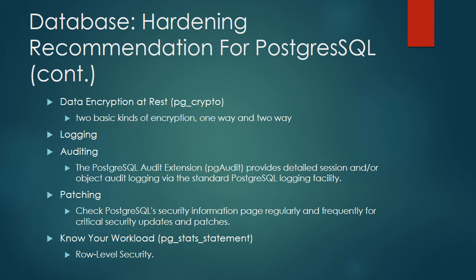Next, auditing. The PostgreSQL audit extension provides detailed session and/or object audit logging via the standard PostgreSQL logging facility. Basic statement logging can be provided by the standard logging facility with log_statement equals all. This is acceptable for monitoring and other usages, but does not provide the level of detail generally required for an audit.